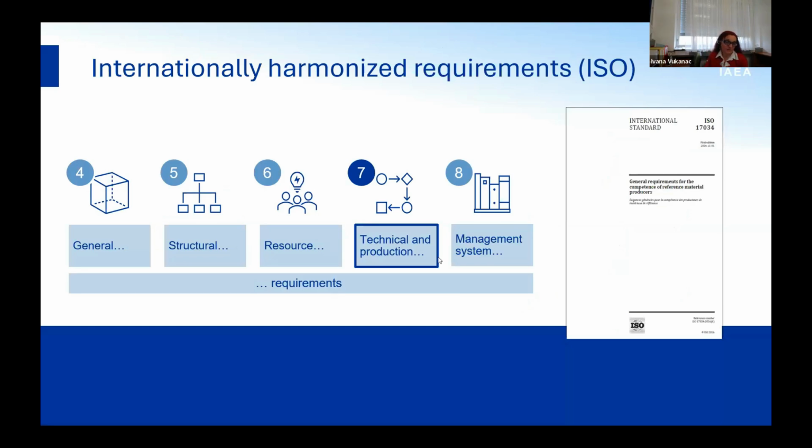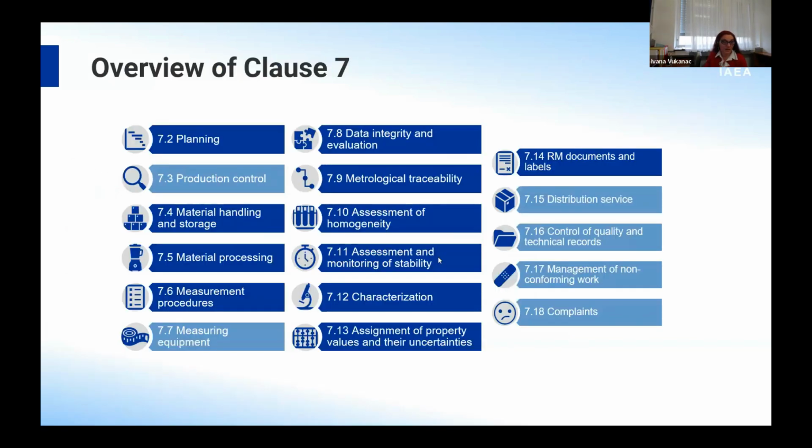Like any standard, this one consists of numerous requirements, but here I will focus on clause 7, which gives technical and production requirements for reference material production.